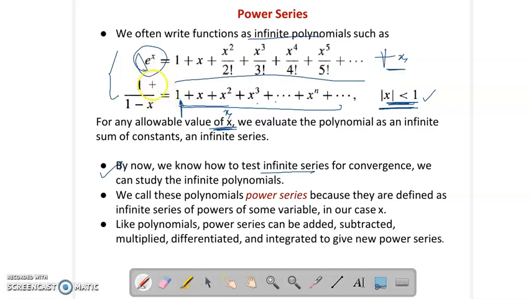Of course, we cannot say that for every function we can write this power series expansion. No, there is a class of functions which can be represented in the form of a power series. So basically, if you want to know the behavior of that function, you can actually study the behavior of the infinite series and then conclude the behavior of the function.